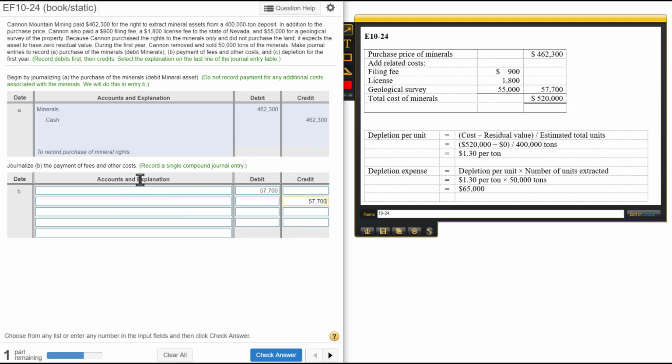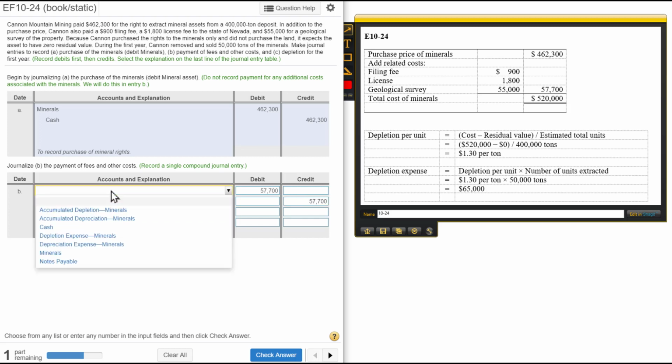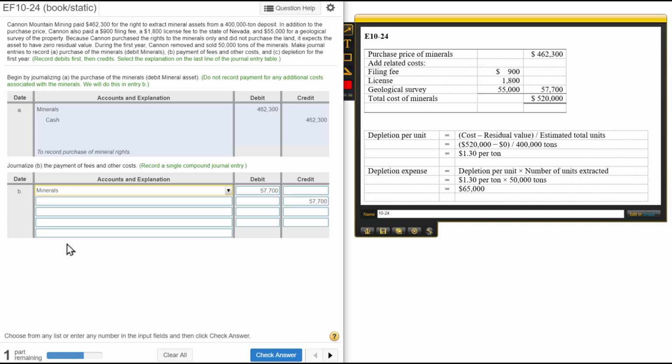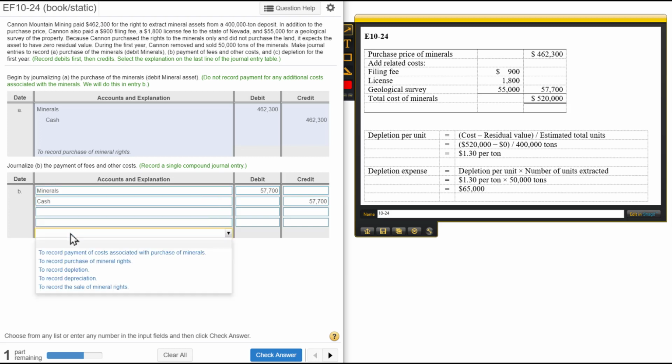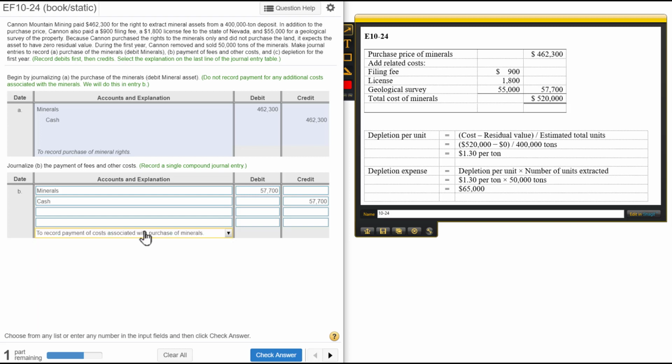Now, because these fees, the filing fee, license, and geological survey, are part of the cost of getting this asset ready to use, we have to capitalize that account, which means put it in an asset account. And the asset account we're going to put it in is the minerals account. And then we paid cash. We have to lower cash to record payment of costs associated with purchase of minerals.